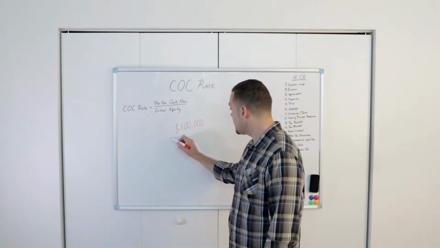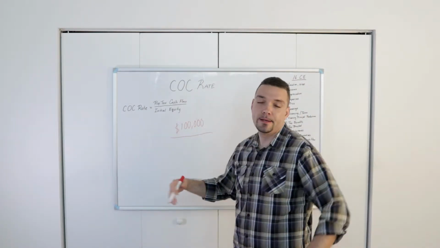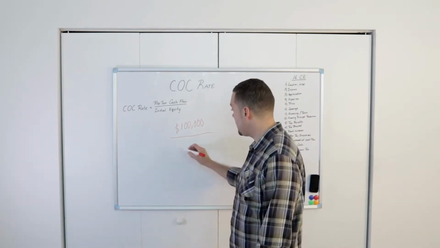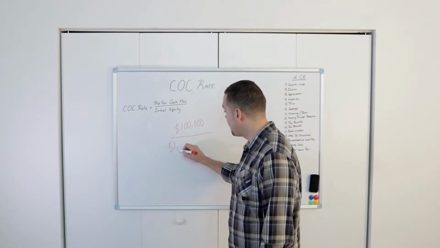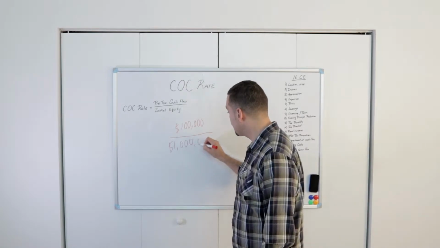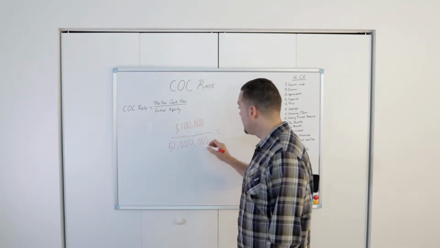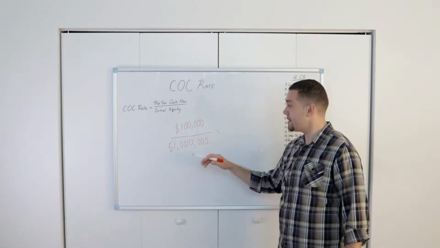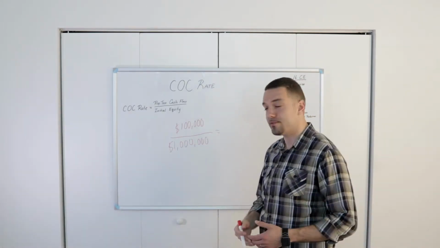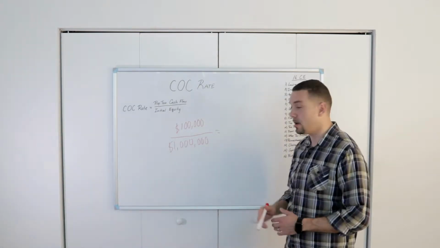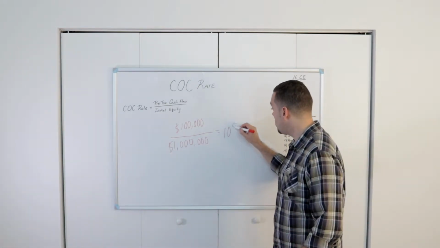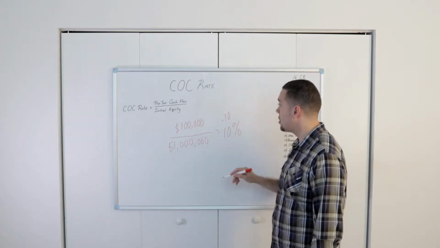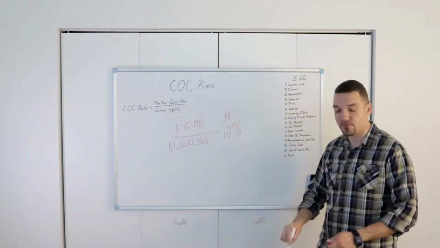Let's say the initial equity, after all the closing costs, was $1 million. So you invested $1 million into this property in order to get a pre-tax cash flow of $100,000. That would be 10%, or in this case 0.10, your cash on cash rate.